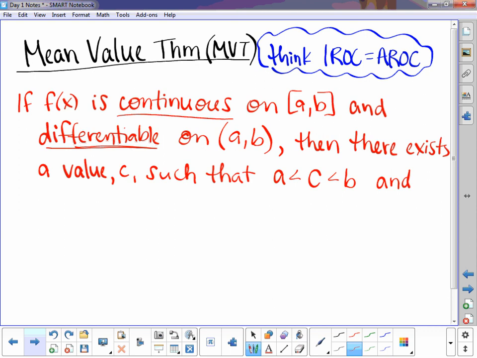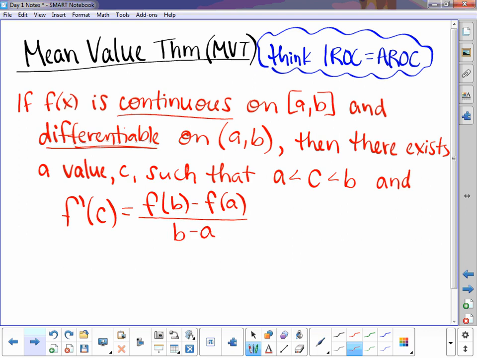So again, similar to intermediate, it falls within the interval, and the special property for mean value is that f prime of c is equal to f of b minus f of a over b minus a.